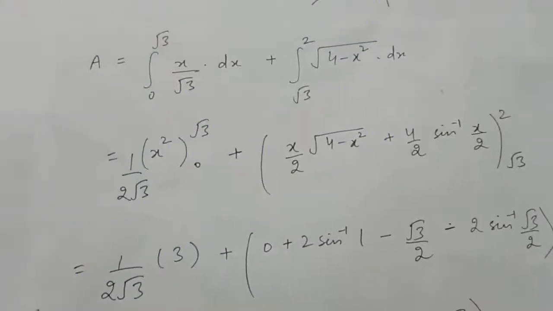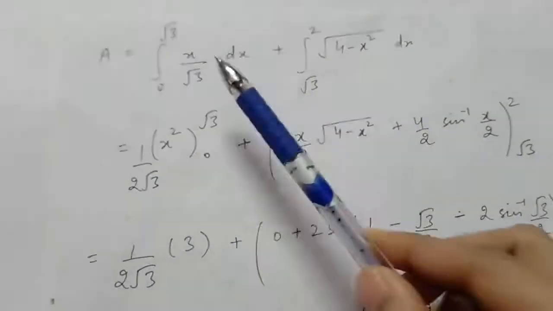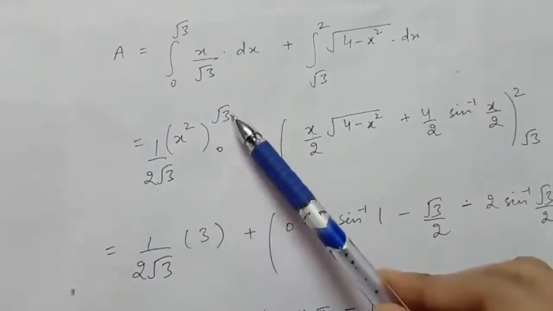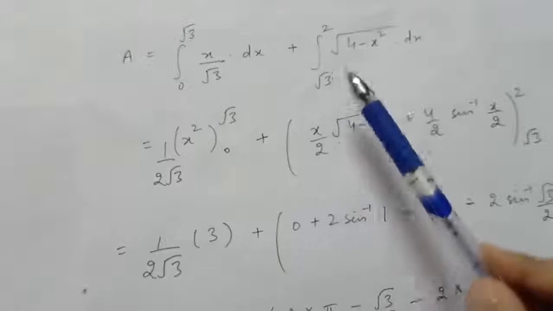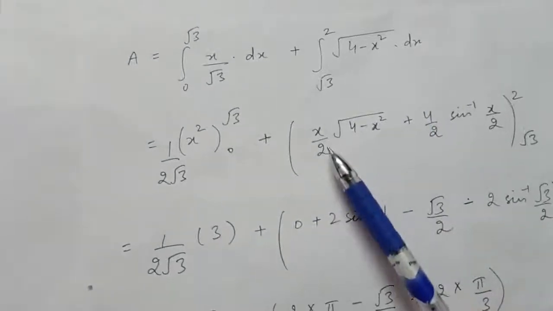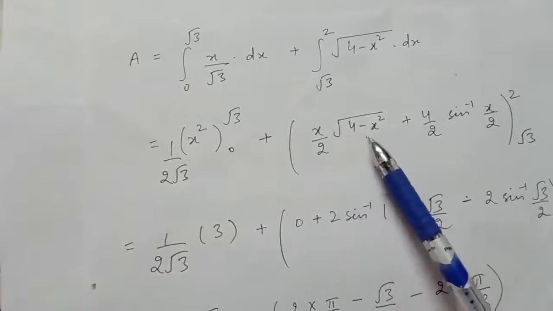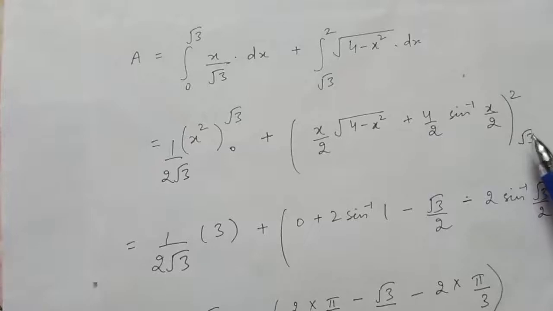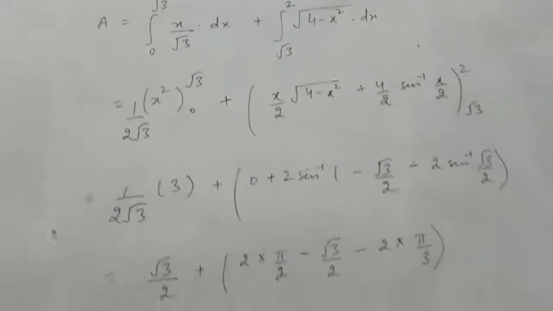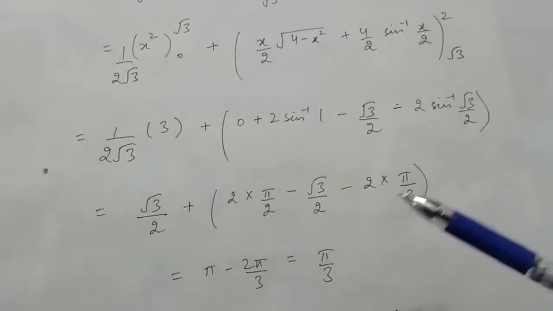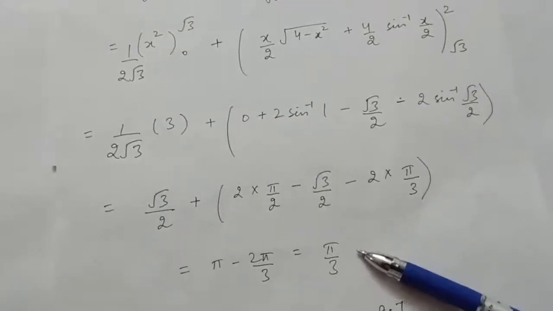Now solve these two and put the limits. 1 by root 3 as it is, integral of x is x square upon 2, limits are from 0 to root 3, plus integral of root 4 minus x square will be x by 2 root 4 minus x square plus a square by 2 sine inverse x by 2, and the limits are from root 3 to 2. Now put the limits and solve it, you will get the answer as pi by 3, right?